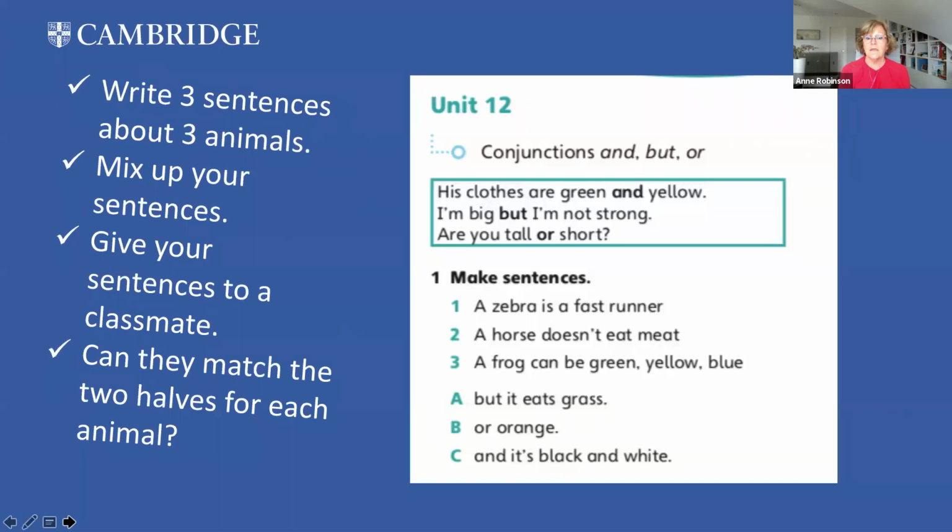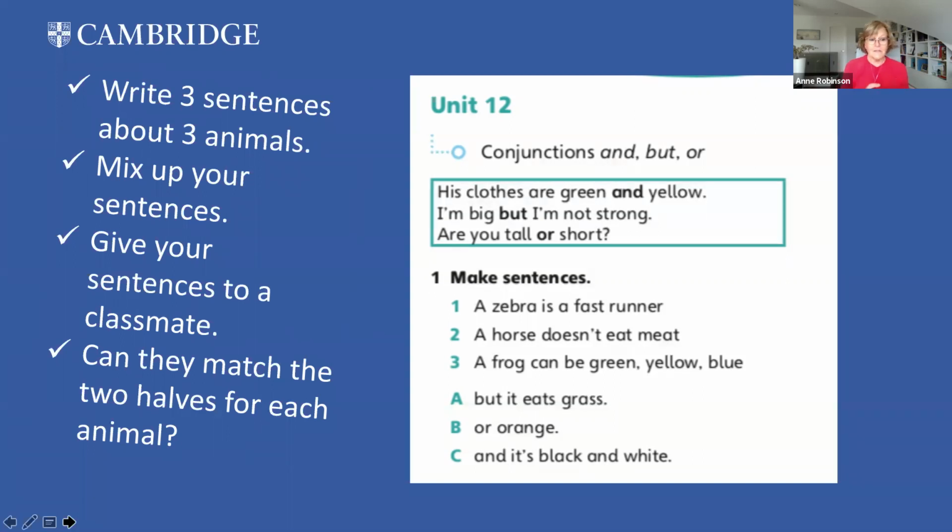So a tiger is a fast runner and it's, can we say a tiger's black and white? Yeah, it's orange and black. Exactly. So we can get them to edit these original sentences.